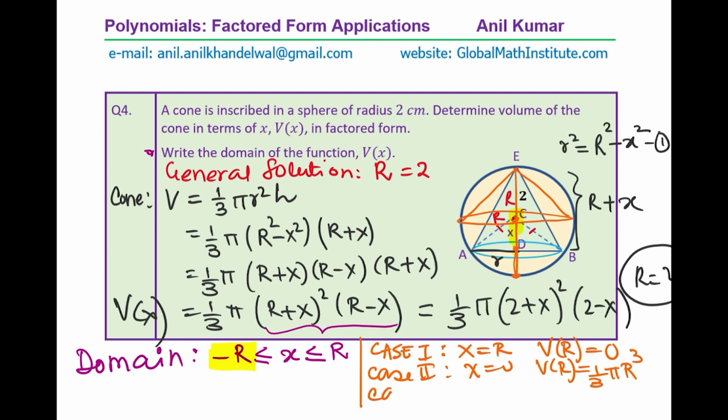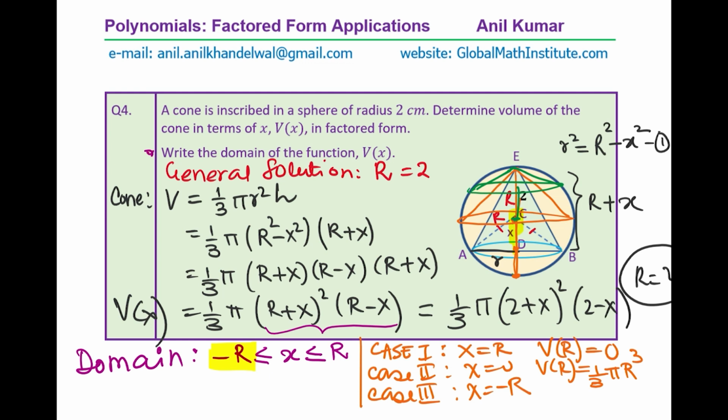Now what happens in case 3 when x is equal to minus r? Minus r means, see, as soon as you move up, in that case what happens? My cone becomes here, right? The distance below C is positive and above C is negative.